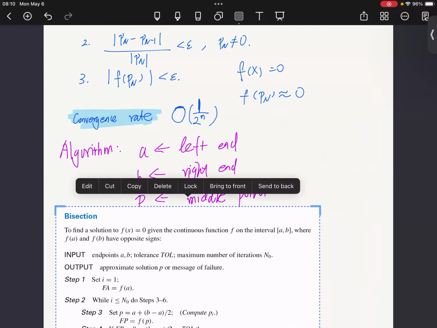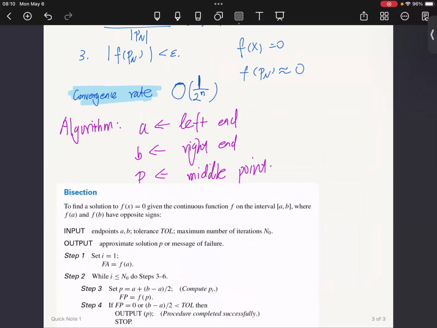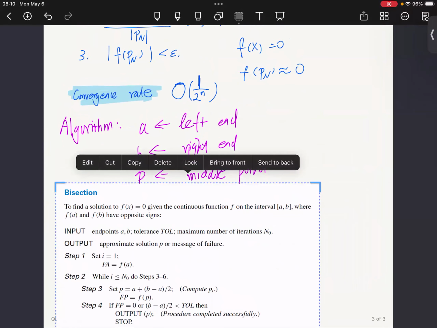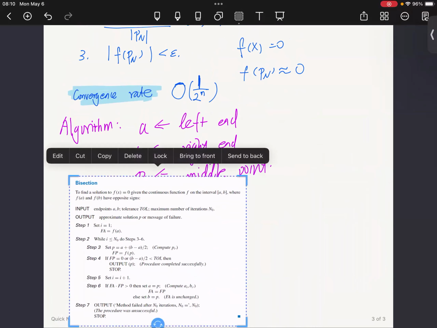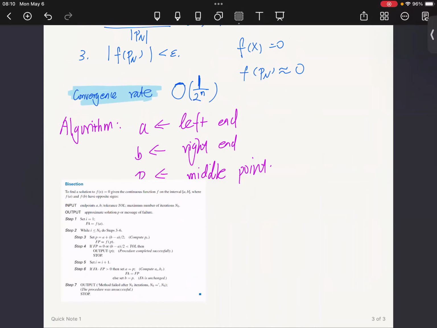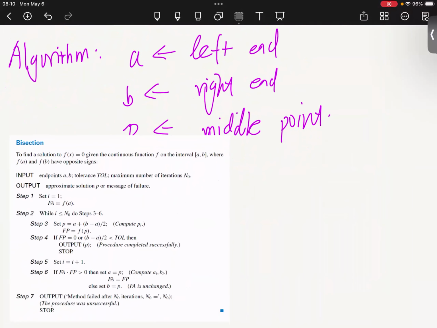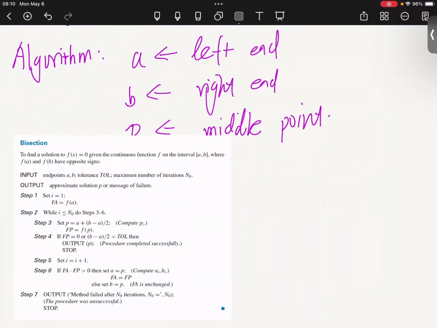So here, you will see this happens. This is the algorithm I just mentioned. We have the P here, and you will see we just need one variable in the computer for P, plus A and B, and that's it. Then you have your stopping criterion somewhere here.